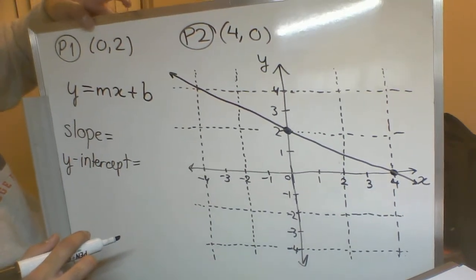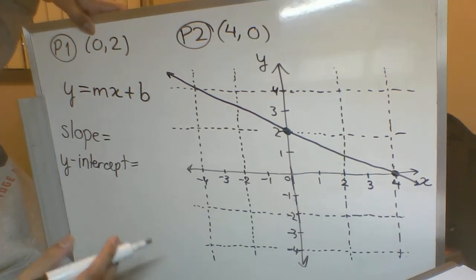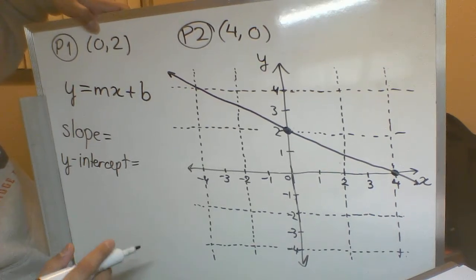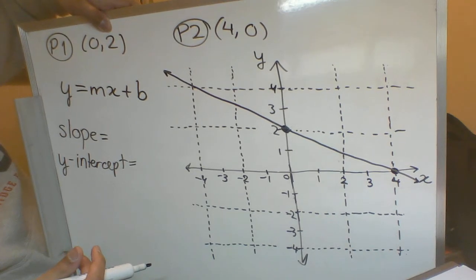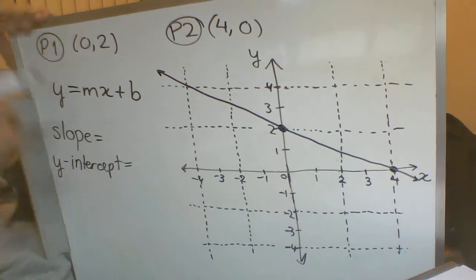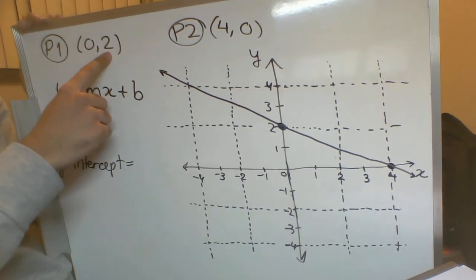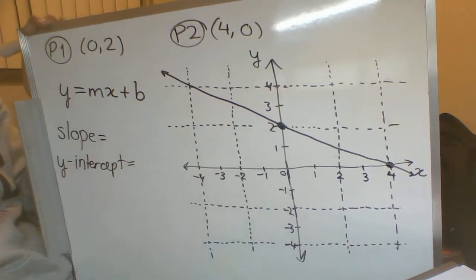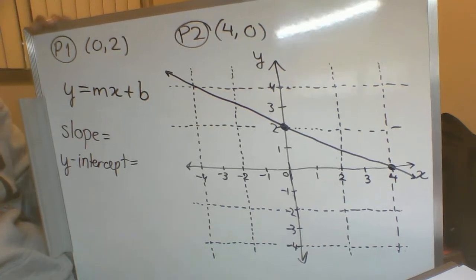So because we have a point where the x-coordinate is 0, having an x-coordinate of 0 tells us that we're sitting somewhere on the y-axis. So whatever the y value for that point is going to be your y-intercept, because if you have the point sitting on the y-axis and you have a y-coordinate that's been given to you for that point, then that's telling you where this line crosses the y-axis, and that's the definition of the y-intercept.